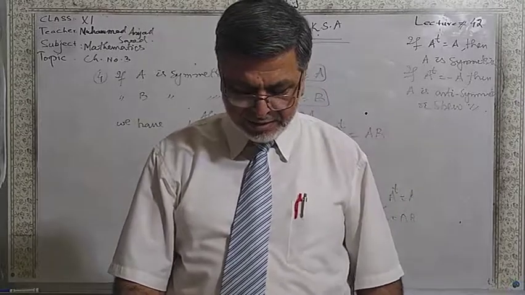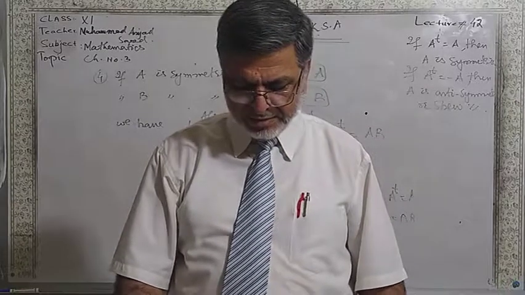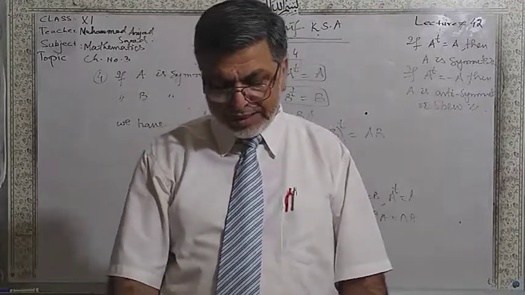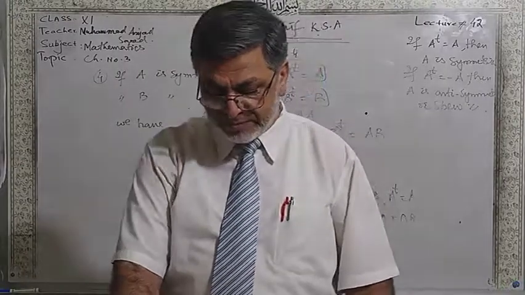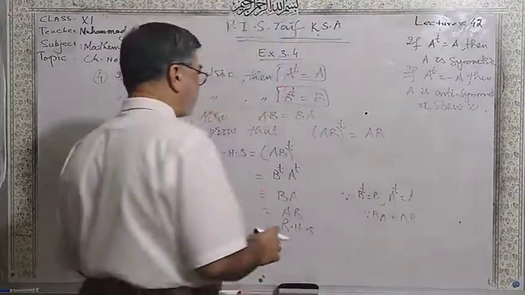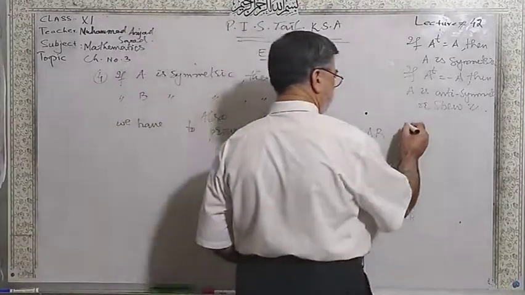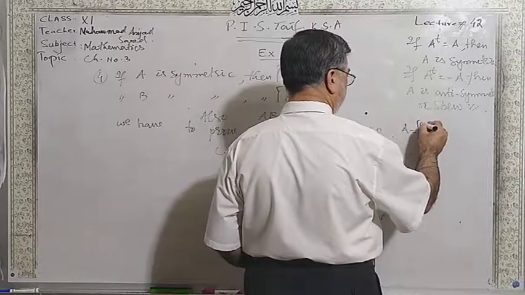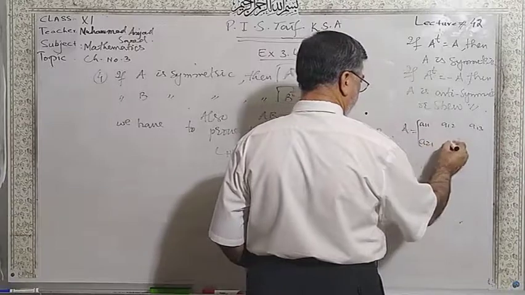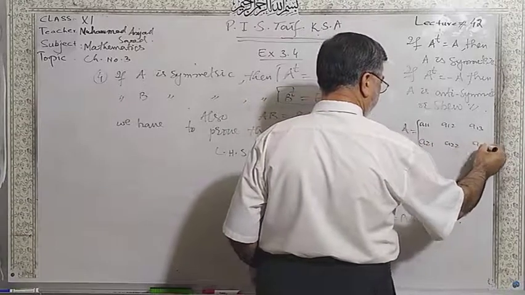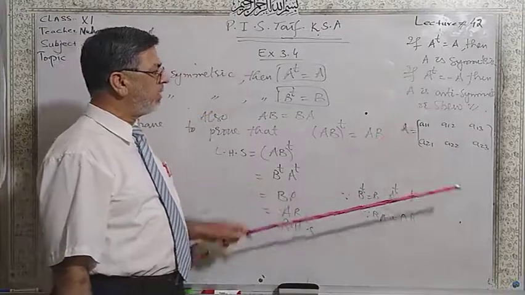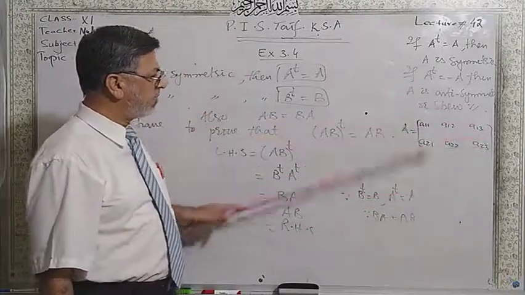After that, I hope that you can solve your question number 5. Show that A transpose is symmetric for a matrix of order 2 by 3. Remember that a matrix of order 2 by 3 means 2 rows, 3 columns: A11, A12, A13, A21, A22, A23.